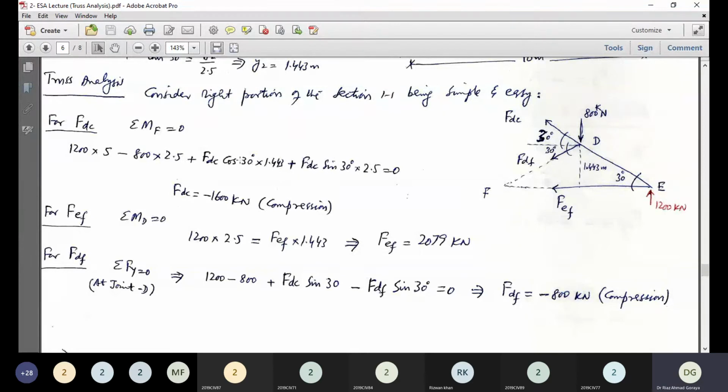So by simplifying this equation, we will get FDC equal to minus 1600 kilonewton. That is, the negative sign just shows the compression.